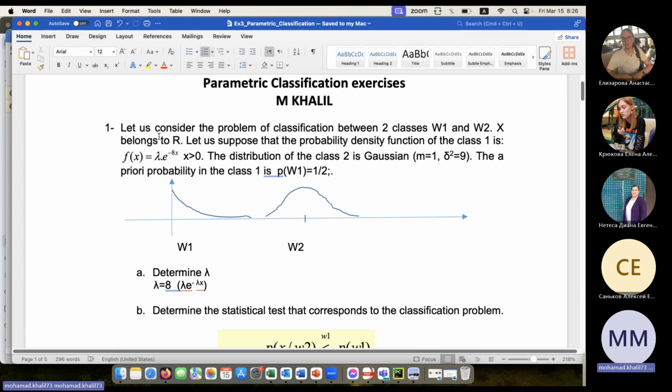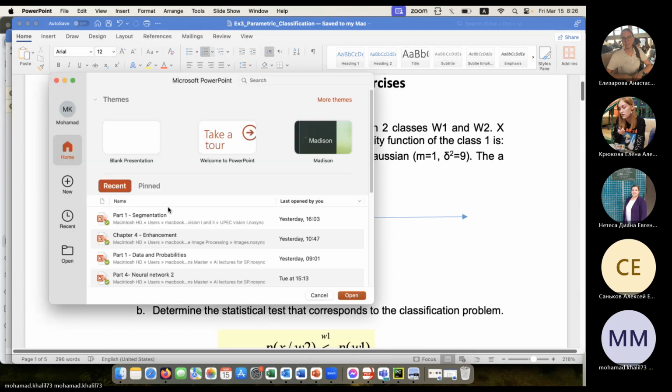First exercise. Let us consider the problem of classification between two classes, W1 and W2. Remember that on Monday we have seen a course about parametric classification.